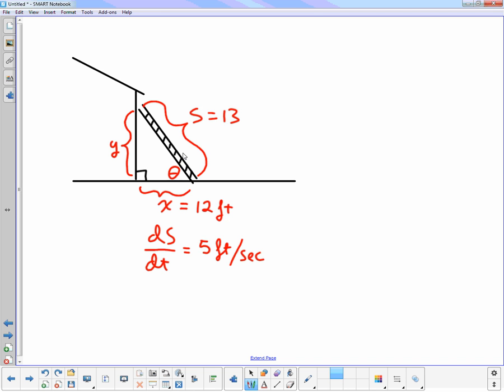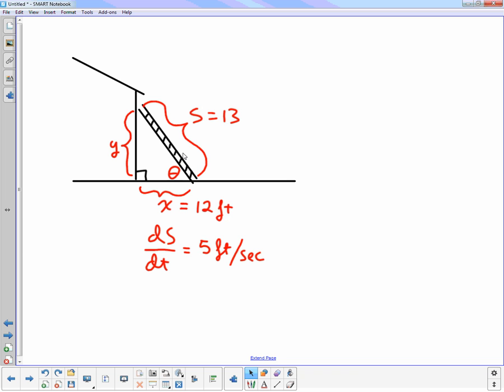So the y is going to be going down, and the x is going to be increasing. dy/dt is going to get bigger. And ds/dt is positive because it's growing. So what do we have?